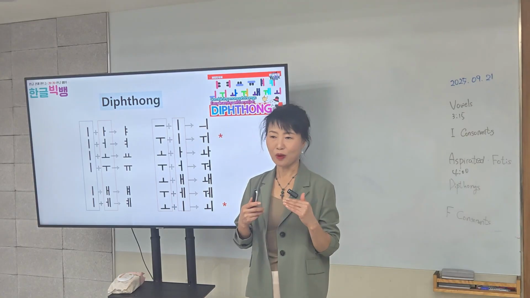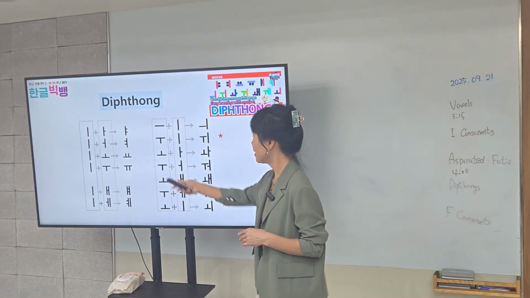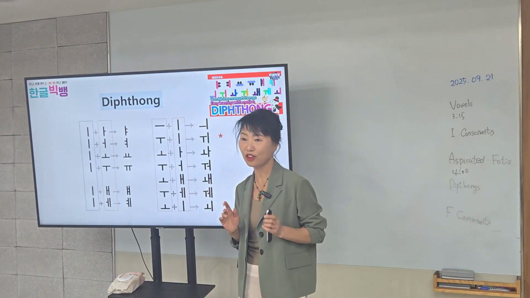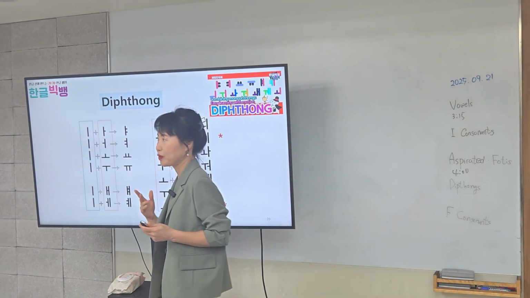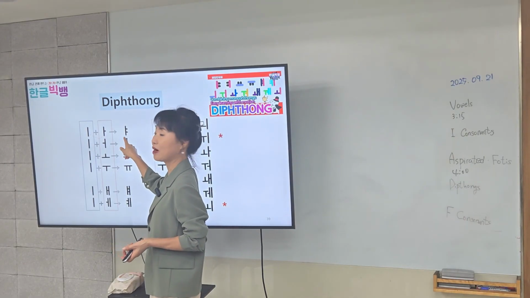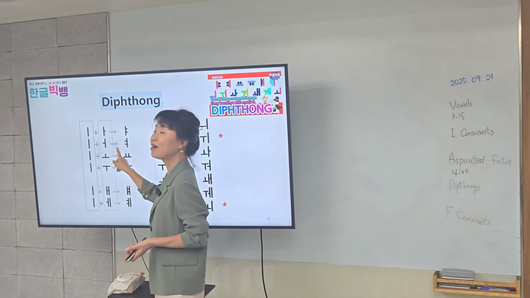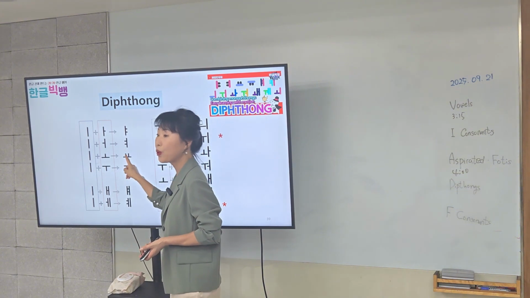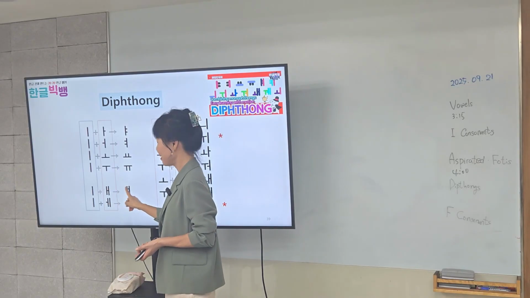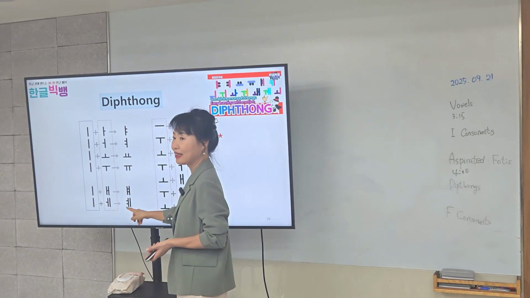Diphthong is just a combination two vowels. So it looks complicated, but it is not difficult to learn. So we have learned already. So ia, it becomes ya. Io, yo. Iu, you. Ie, ye.